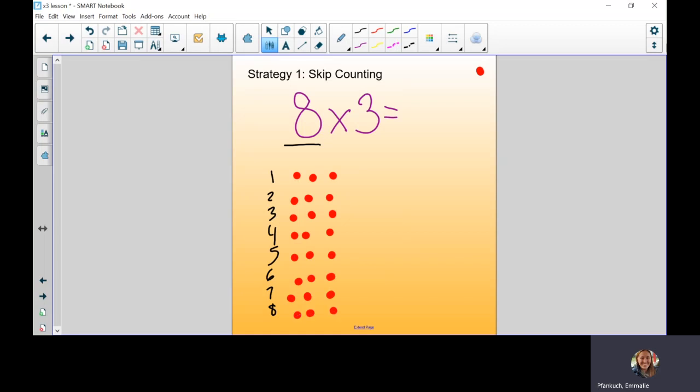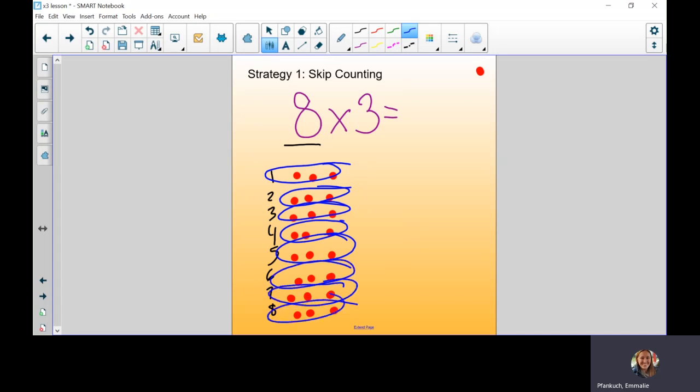Your arrays are hopefully a lot neater than mine, but let's go with that. Let's count by 3s again. 3, 6, 9, 12, 15, 18, 21, 24. We'll stop right there. 8 times 3 is 24.